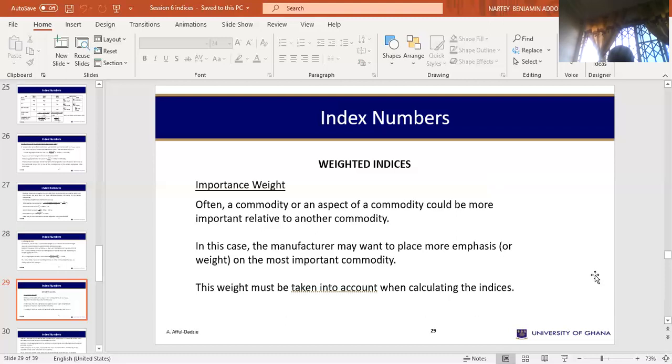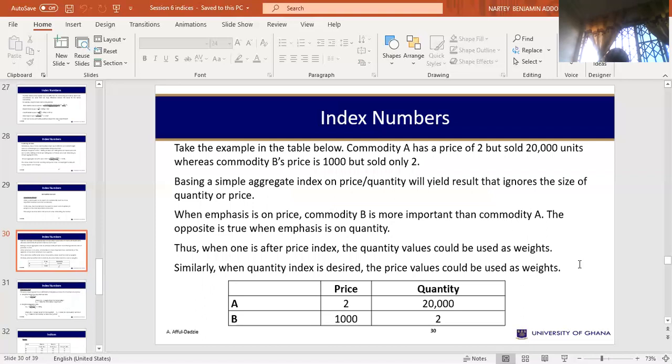Take the example in the table below. Commodity A has a price of 2 but sold 20,000 units, whereas commodity B's price is 1,000 but sold only 2 units. Basing a simple aggregate index on price or quantity will yield results that ignore the size of the quantity or price.